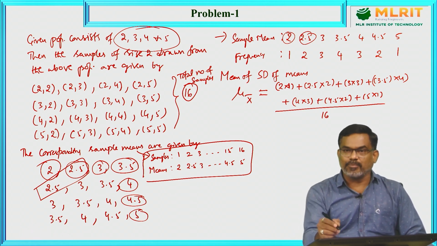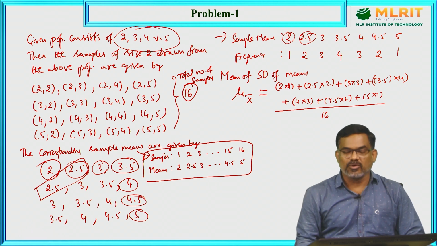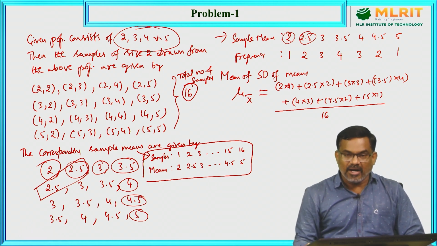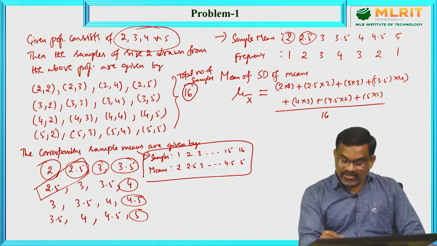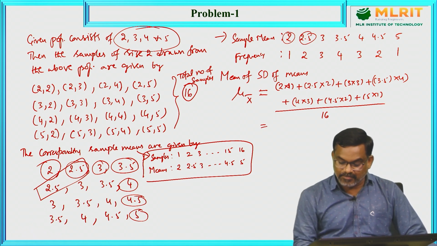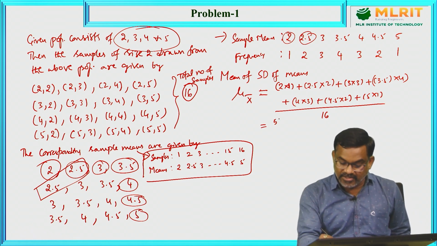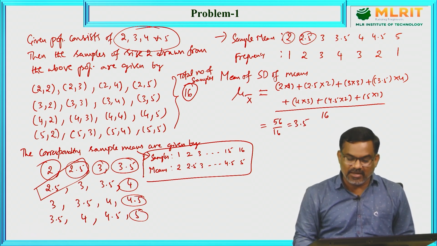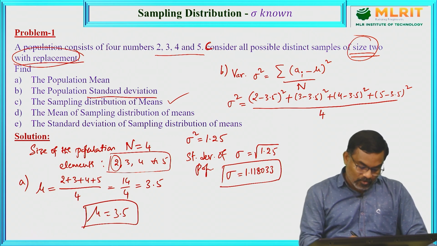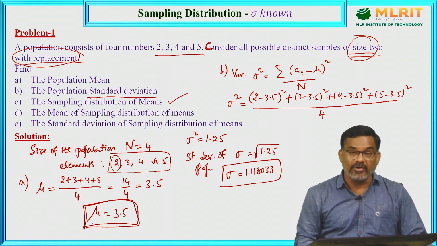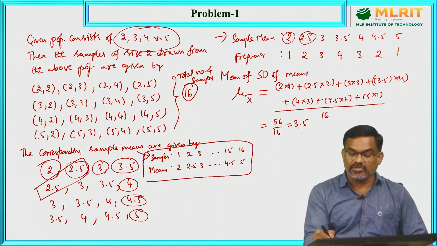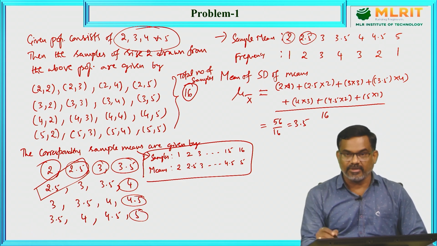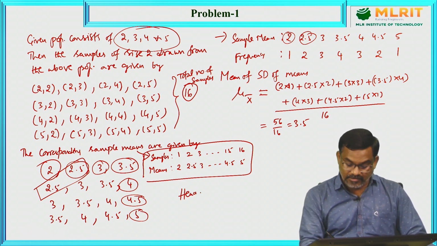So, the sum of the products of these values divided by the total number of values, 16. By simplifying, we get mu x bar is equal to 56 by 16, which results as 3.5. And here we can observe that the original mean of the population is 3.5 and the mean of the sampling distribution of means is also 3.5. So, hence, mu x bar is equal to mu.